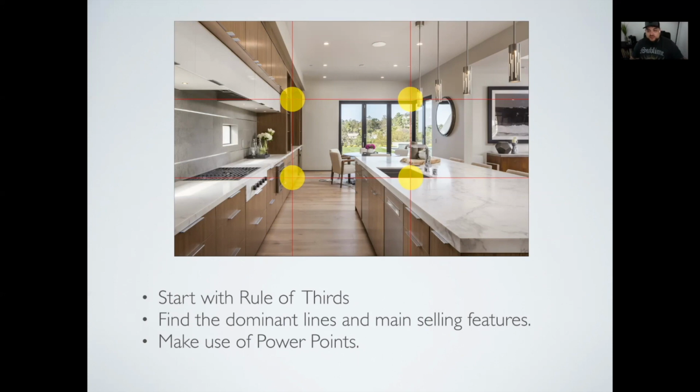Our eyes are going to go to those areas of the photos, and if you can use them to your advantage, to put things that are of interest on those intersections, you're going to do yourself a favor, because you end up with a more attractive, more balanced photo, and it's easier for the viewer to digest what they're looking at. This is all just to make your photos more attractive, basically.